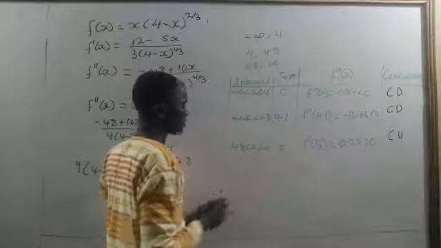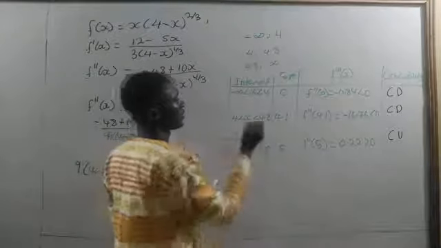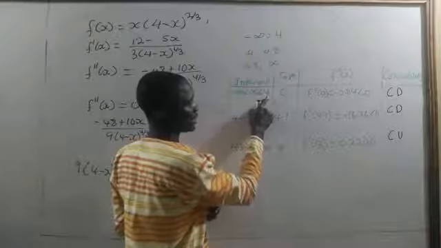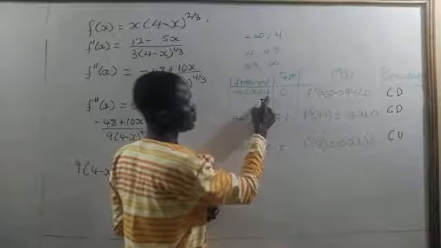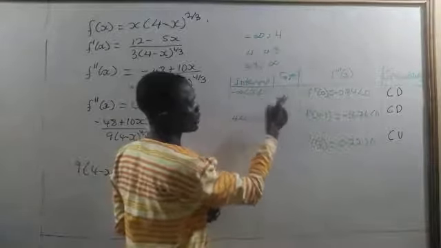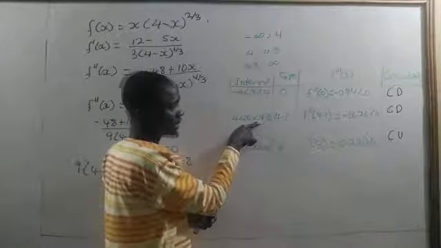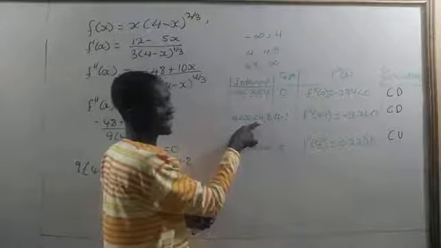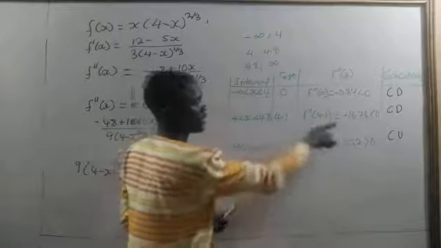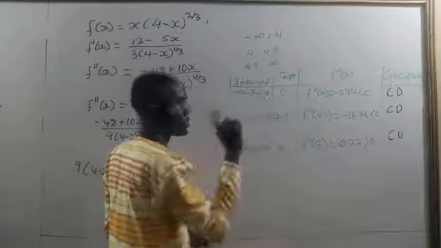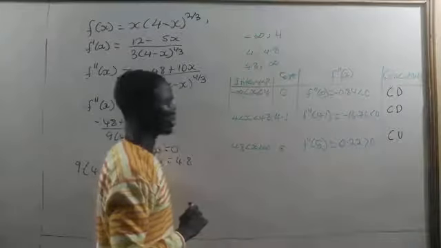So it means that if we come to 4, and from 4 going, that is from 4.1, 4.2, 4.3, 4.4, 4.5, 4.6, up to, let's say, 4.7999, this one is still less than 0. So it means that this 4 is not a point of inflection.